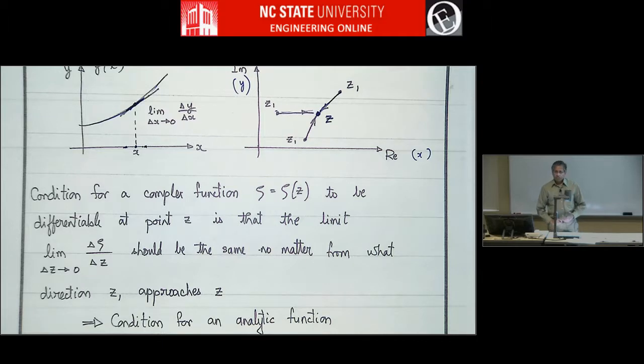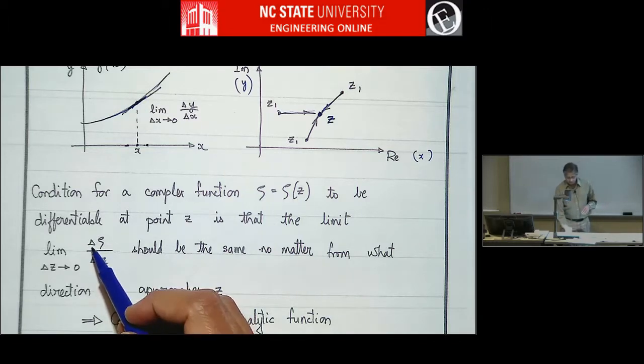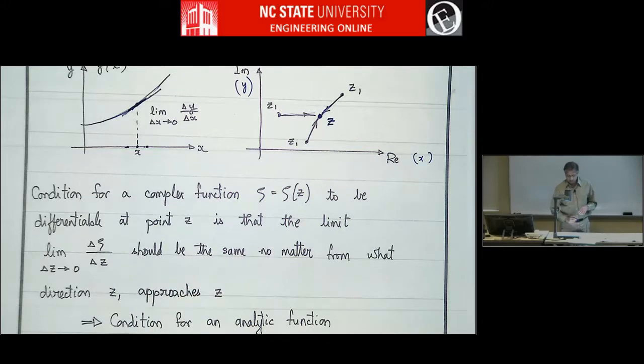To avoid that, the condition for a complex function to be differentiable at point z is that the limit we just defined, as delta z goes to 0, delta zeta over delta z, should be the same no matter which direction z1 approaches z.